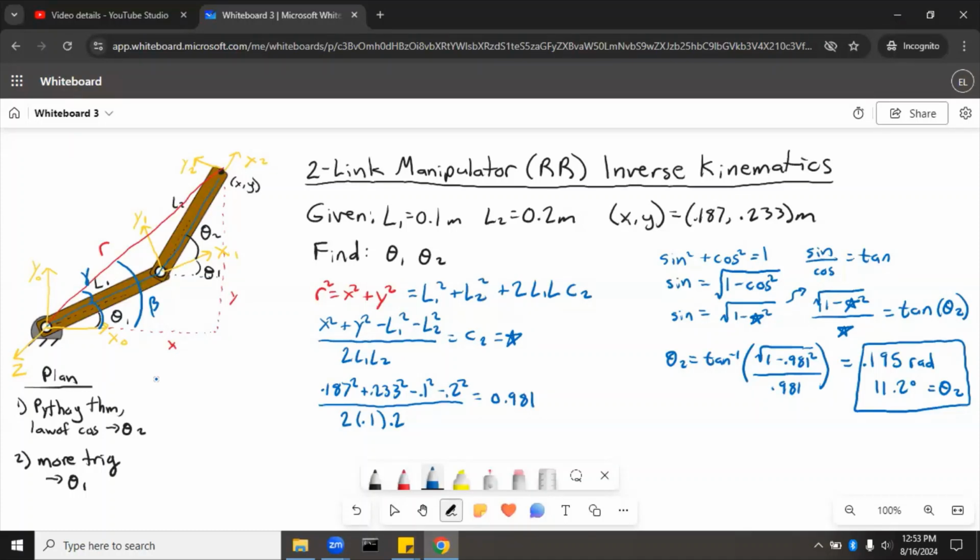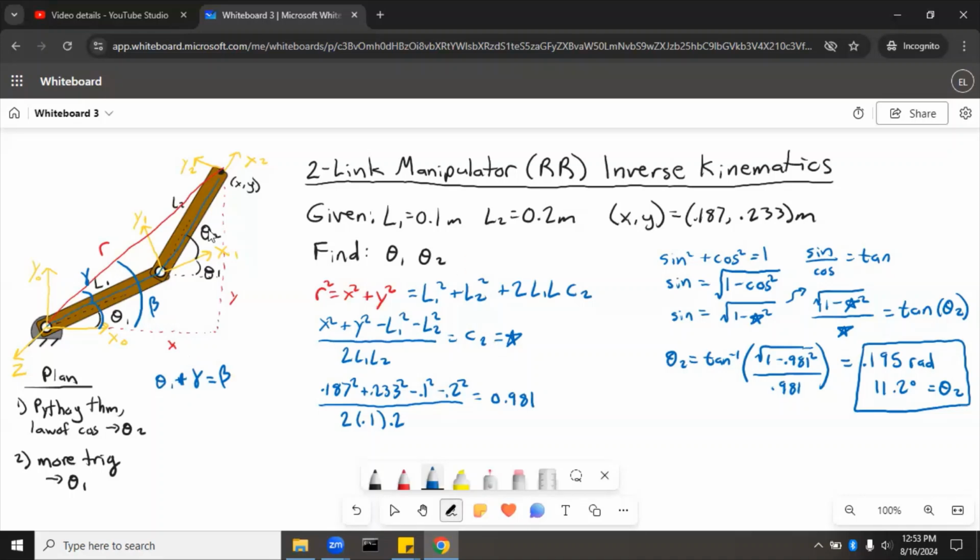From there, we know that theta 1 plus gamma equals beta. We can first find beta using the big triangle with x, y, and R. Then we can find gamma using a different triangle.